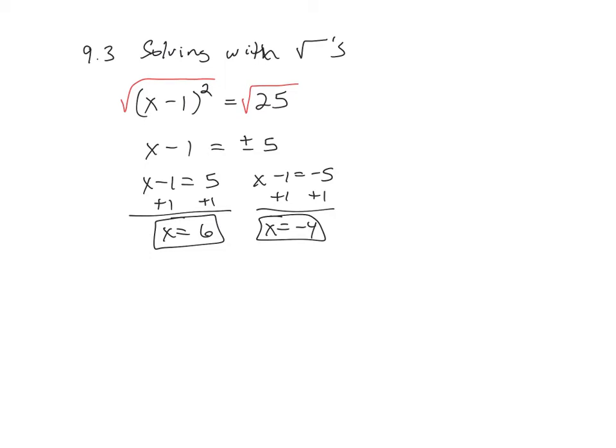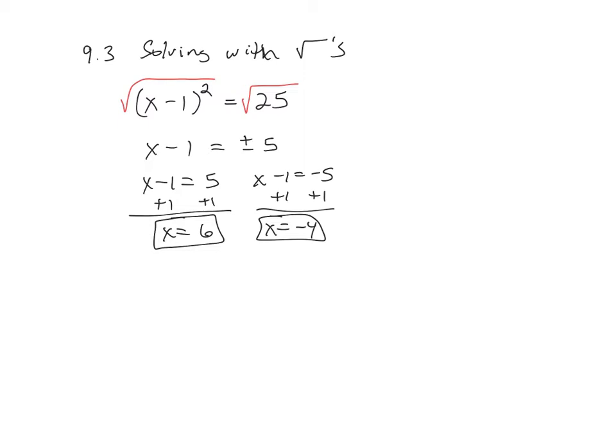A lot of the times the answers end up being a positive number and a negative number, but depending on the numbers in the problem, you could end up with both negative or both positive. Okay, so square root undoes something that's being squared, and you're just left with it, which is a big help.